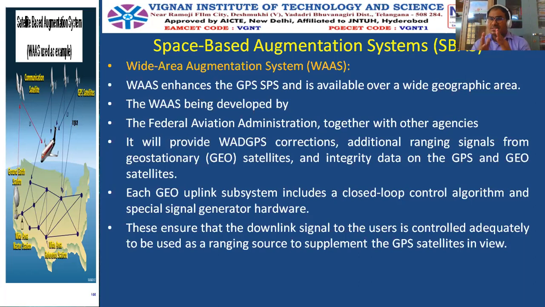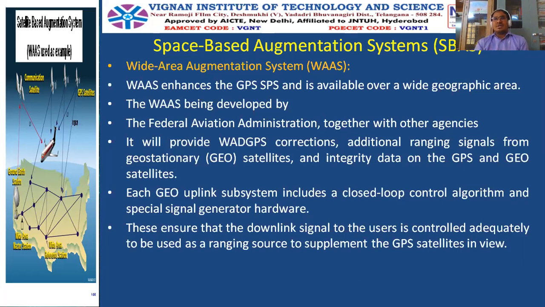So there should be some integration between the GPS satellite and geosatellite. Here, two types of satellites are there, and that data also will be transmitted by the WAAS communication system. And each geo uplink subsystem includes a closed loop control algorithm and special signal generator hardware.